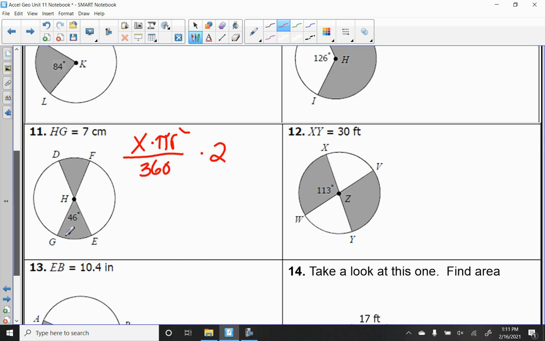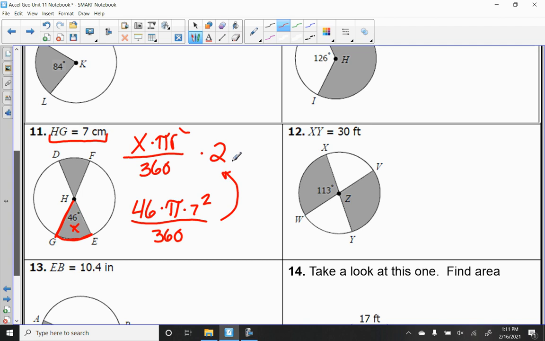Okay, so if I just focus on this one down here, I have an arc measure of 46. Put my pi in. Let's look for the radius. It says HG is 7, and that is my radius. So times 7 squared over 360. And when you do this math, you'll just multiply it by 2.